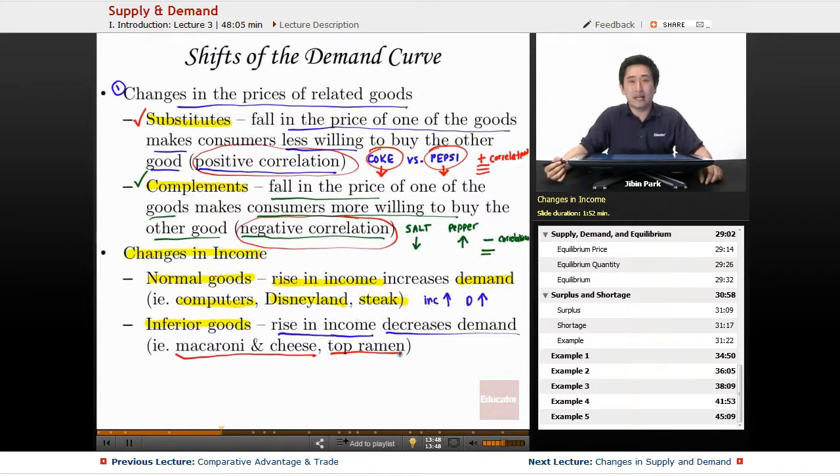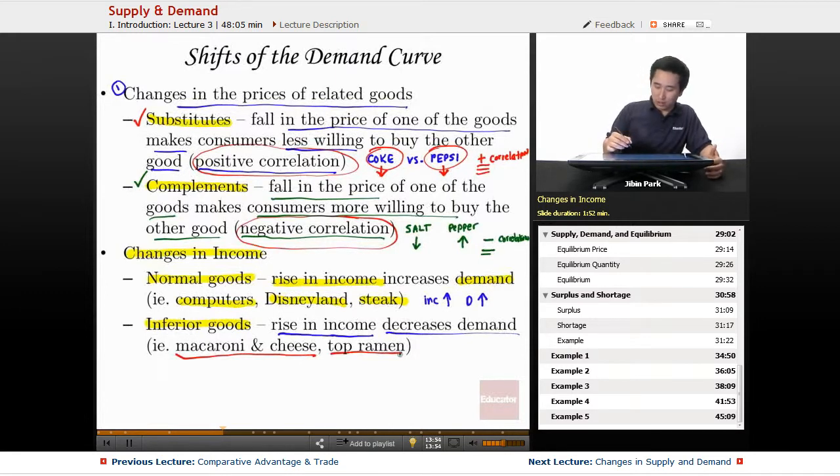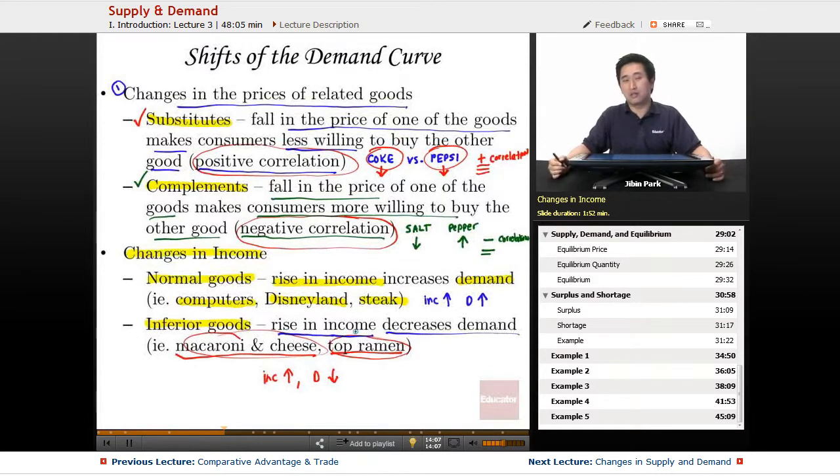But this is the idea that if you win the lottery, then your demand for certain items is going to actually decrease. And that's basically what inferior goods are. So if your income increases, then the demand will actually go down for things like macaroni and cheese, Top Ramen, maybe certain types of used cars.